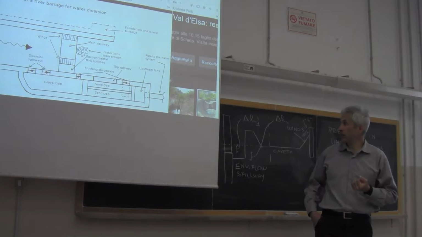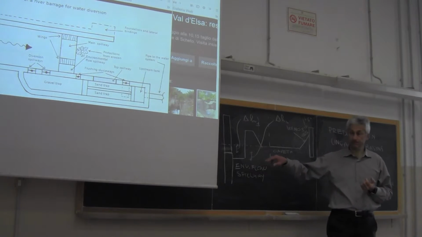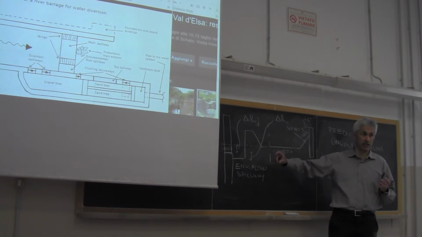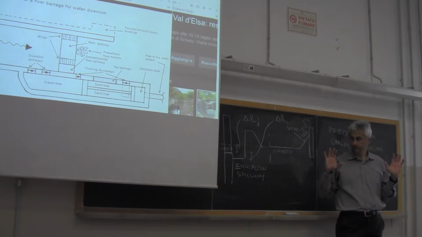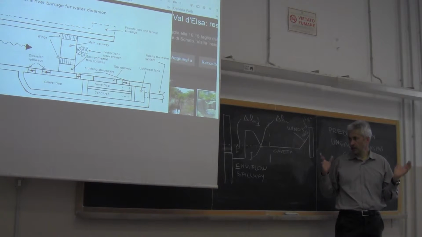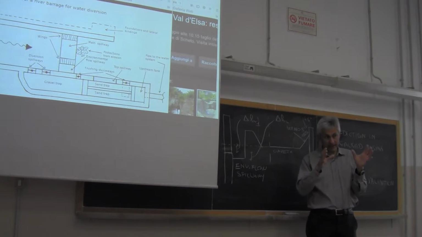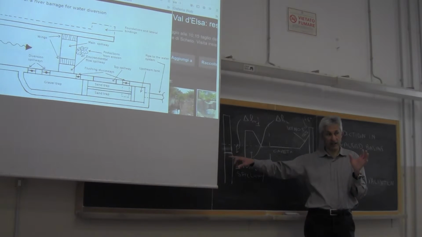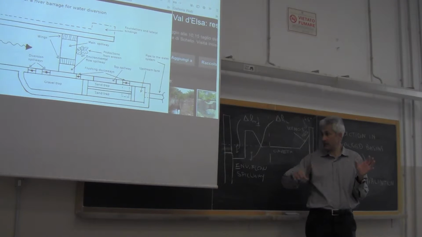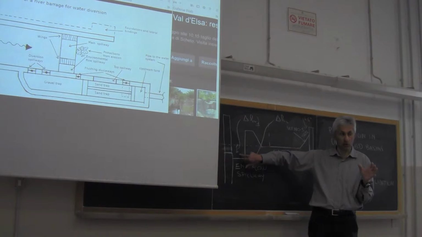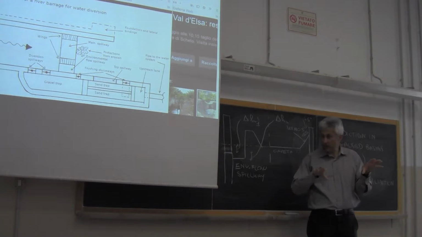Okay, now, how can we estimate these differences in elevation? Clearly, what we want is that before beginning the diversion of water, we have environmental flow flowing through this spillway.